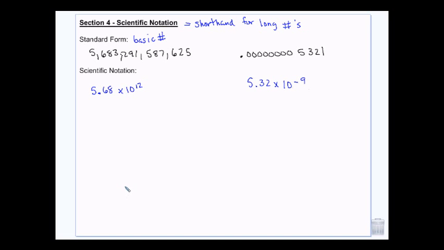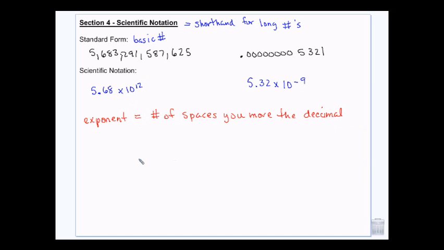What's the amount of zeros you have towards the decimal? Well, you have the exponent. The exponent is equivalent to the number of spaces you move the decimal.